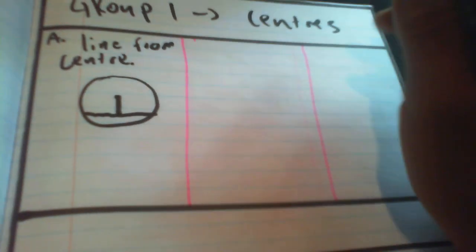Okay, and now there's 2 ways to prove this particular theorem, and this is why I'm not going to do any marks. But now the line from the center can be perpendicular to the chord, or it's also going to bisect the chord.